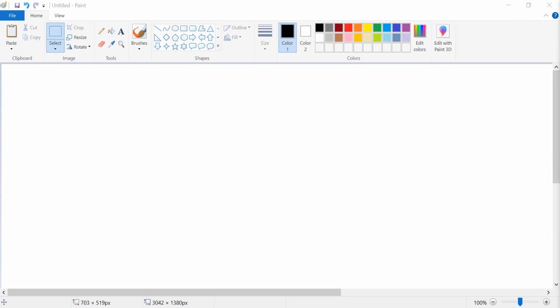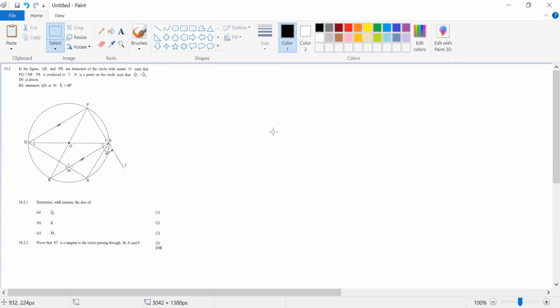So let's look at what 10.2 is asking of us and just try and solve things from there and see where it goes. For 10.2, they tell us in the figure QS and PR are diameters of the circle with center O such that PQ is parallel to SR. That's all given on our diagram. And they tell us PS is produced to T, N is a point on the circle such that Q1 is equal to Q2.